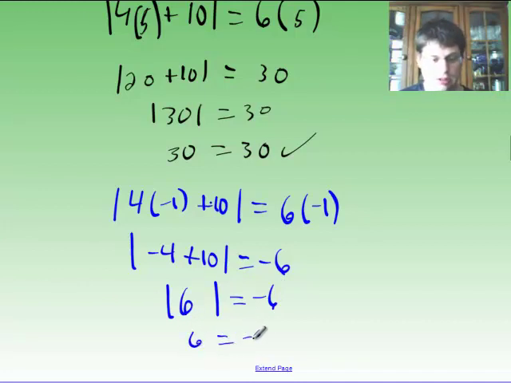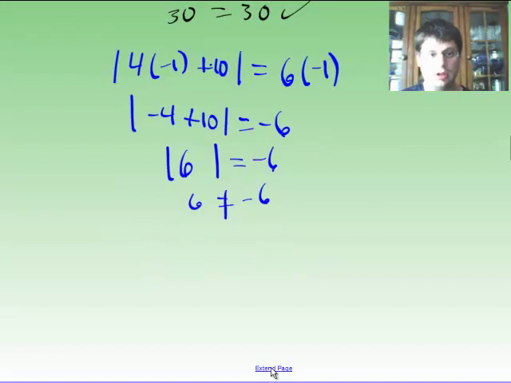And then we see here that, oh, well, the absolute value of 6 is 6, and that's equal to -6, which is not true. This is not equal. So we actually have a solution that doesn't really work. So here's how we write that. So 5 worked.